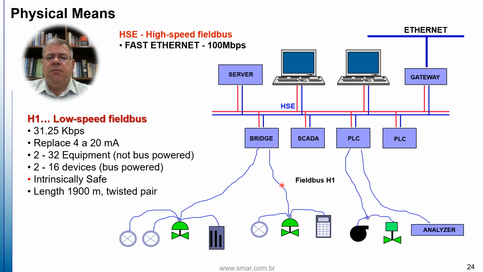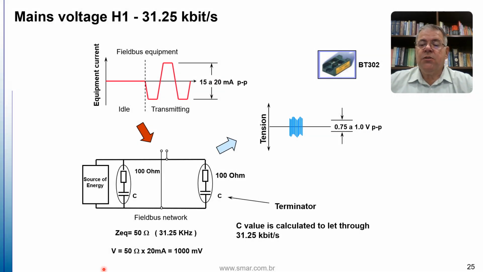This information is sent to our CPU, controller, and bridge as part of the process, where we will also have high-speed Ethernet communication at 100 megabits per second, connecting controllers and computers. Okay? Therefore, in an H1 network, we have a speed of 31.25.